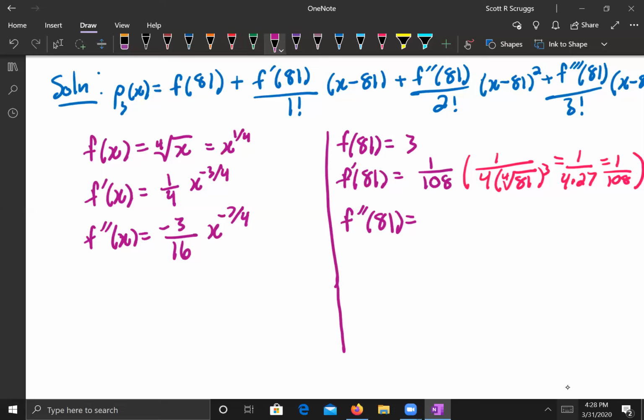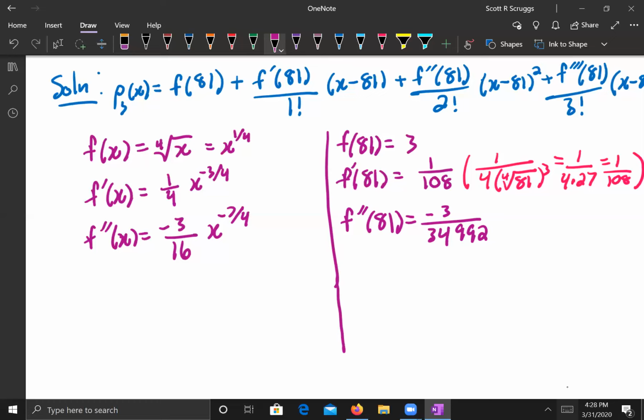Yeah. Well, that's fair. All right. And I agree. Like I said, this is something that will not be on a test if we weren't in quarantine because these numbers are ugly as is.